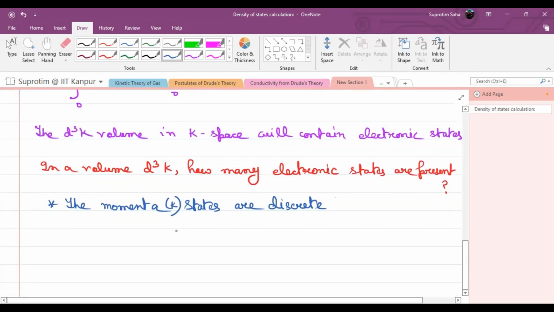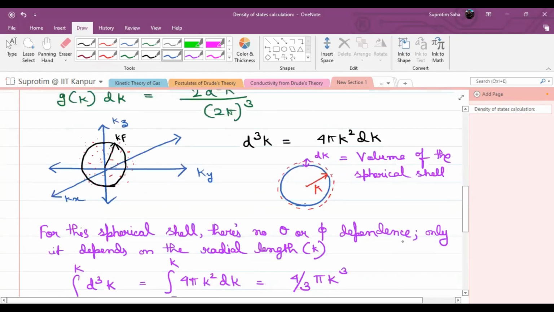So the number of electronic states between k and k plus dk. If you notice the diagram, I have drawn a sphere with a radius k and a spherical shell around it with a thickness of dk.